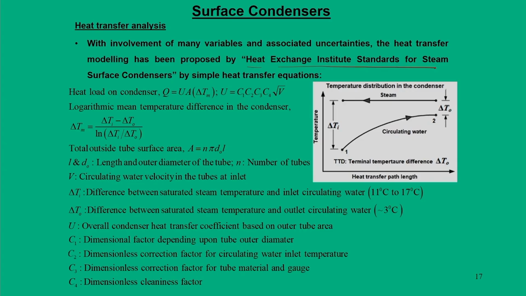The simplified equation for the heat load on the condenser is based on the overall heat transfer coefficient U multiplied by the surface area, and this area is nothing but n times pi times D0 times L. D0 is the outer diameter of the tube, L is the length of the condenser, and n is the number of tubes being used. And delta Tm is the logarithmic mean temperature difference for the condenser, which depends on the inlet temperature difference and the outlet temperature difference, that is TTD. This is calculated by this parameter delta Tm.